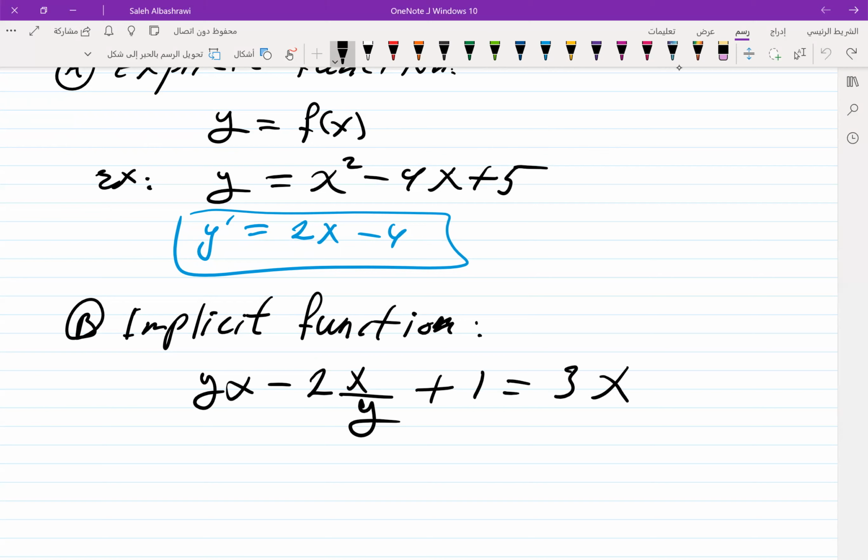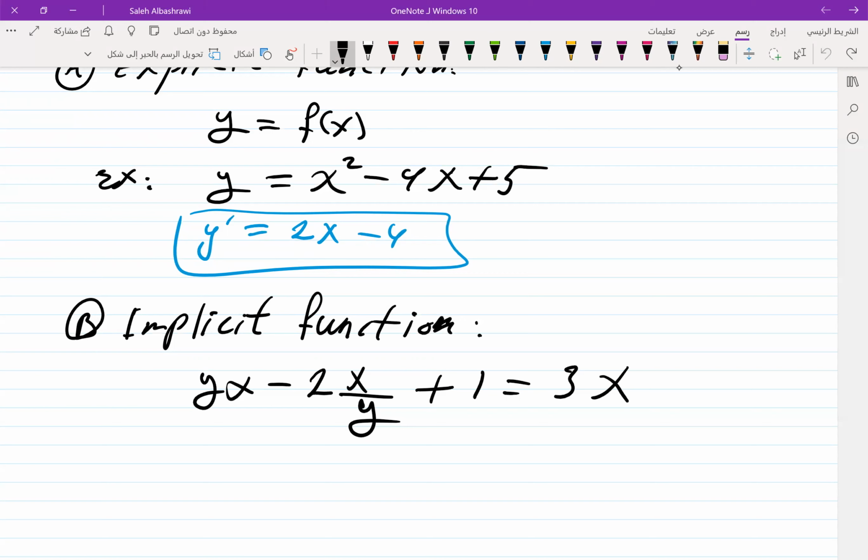Since we have x and y on the same side, or some terms contain x and y, we call this an implicit equation, where y is defined as a function of x but not explicitly. It is a function of x implicitly.